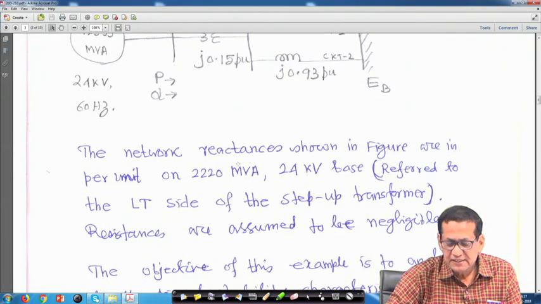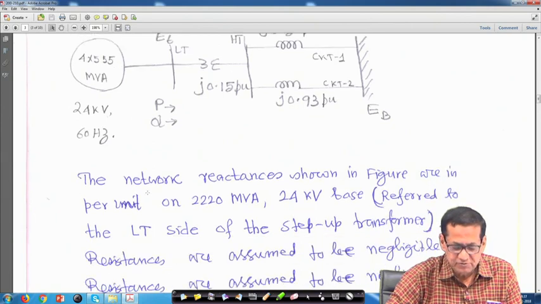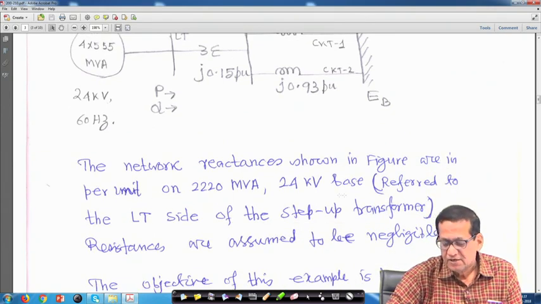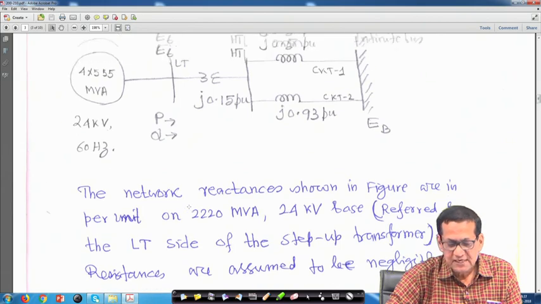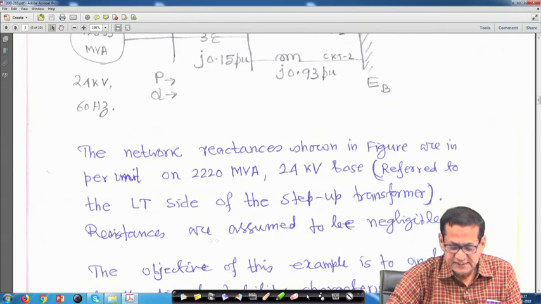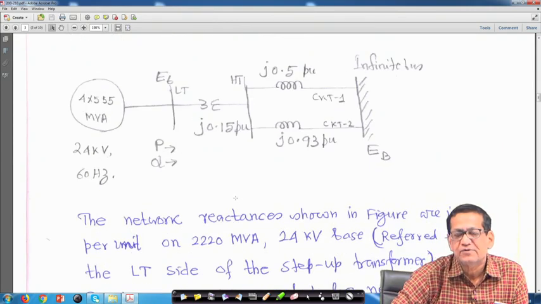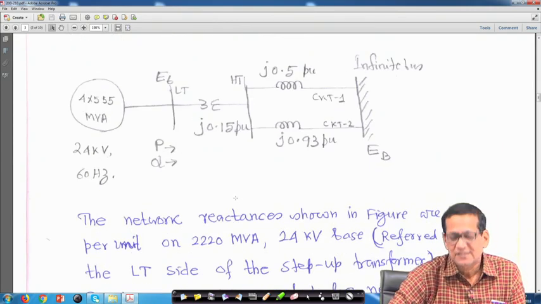The network reactances shown in the figure are in per unit on 2220 MVA 24 kV base, because 555 into 4 is 2220 MVA, referred to the LT side of the step up transformer, the low tension side. Resistances are assumed to be negligible. We have neglected resistance for easy calculation.